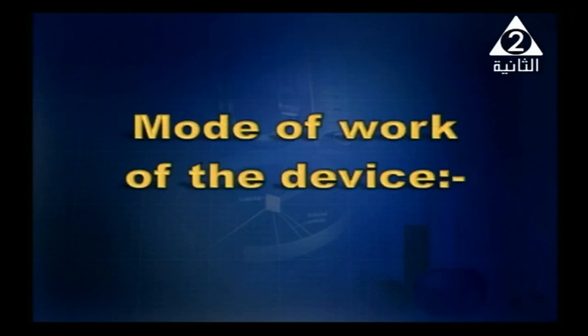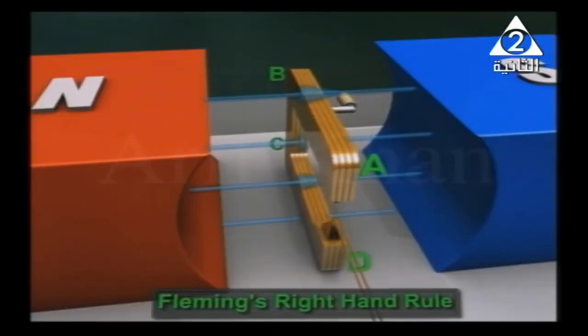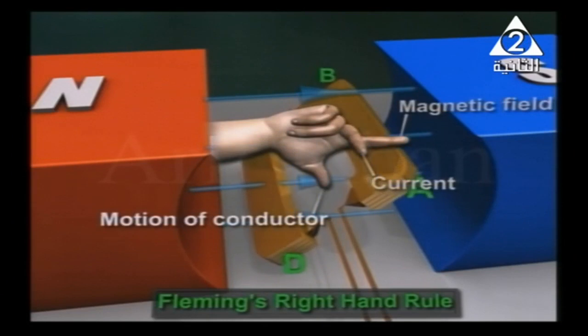What about its mode of work? So talking about the mode of work of the device, as the coil rotates, its sides, its limbs, cut the magnetic flux lines, and therefore a current is induced in the coil.